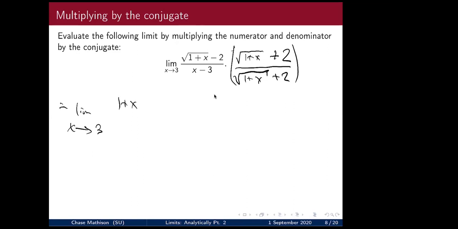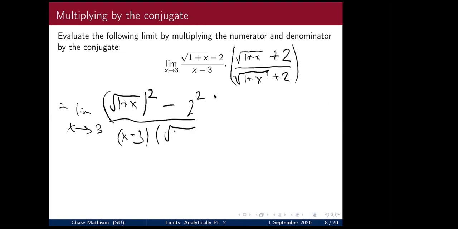Yeah, so to be super explicit about this, I'm going to get the square root of 1 plus x squared minus 2 squared, right? But yeah, you're exactly right. The square root and the square cancel. And then in the bottom, I don't really get anything that looks very nice. But in the end, we are going to get something that looks pretty nice.